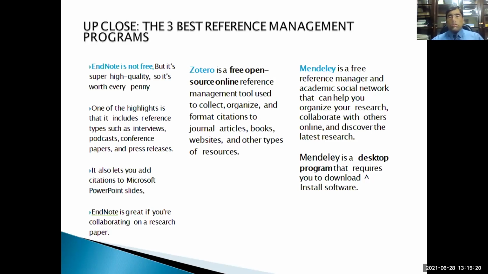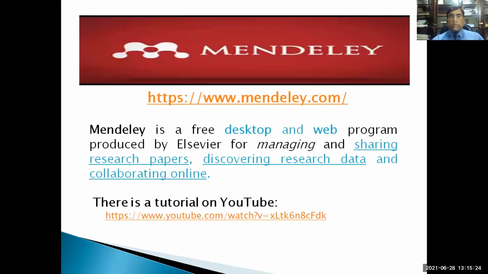Zotero is also freeware reference manager software. You can download Mendeley from www.mendeley.com. It's a freeware desktop and web-based program as well. So you can log in on the desktop version and on the web version as well, and then you can sync the information between the two.